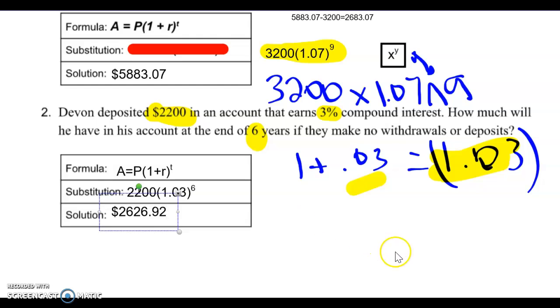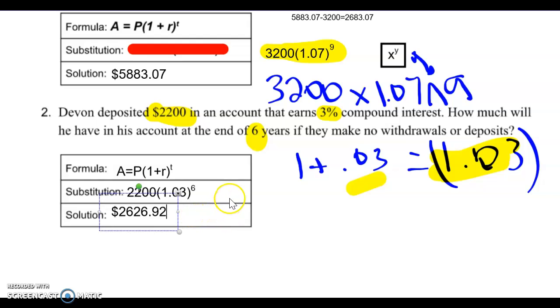So basically, with compound interest, you want to use your formula, which is the formula we're using this year: the amount equals P times 1 plus the rate, to the power T. Substitute it into your calculator, plug it through, and you will get the answer.